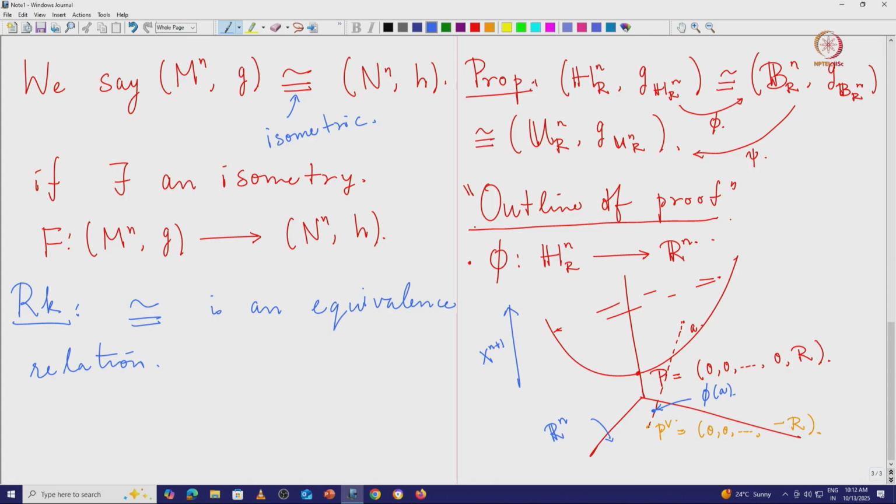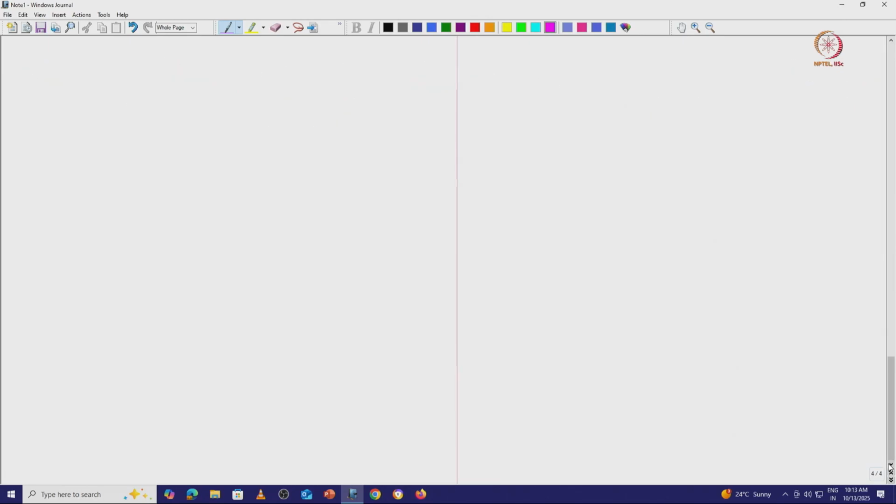Similarly, again, if you take a point here, you again connect it by a straight line that's going to intersect the Rn plane at some other point. So let's say this is the point B, so you get phi of B, and so on, right. So this gives you a map from the hyperboloid to Rn. So let's write down a formula for this map.